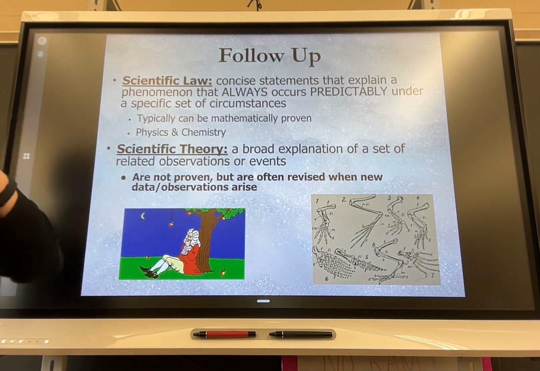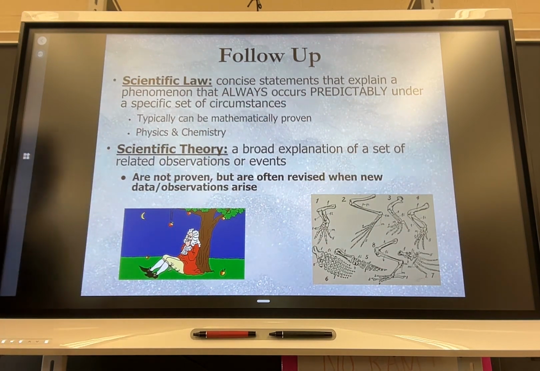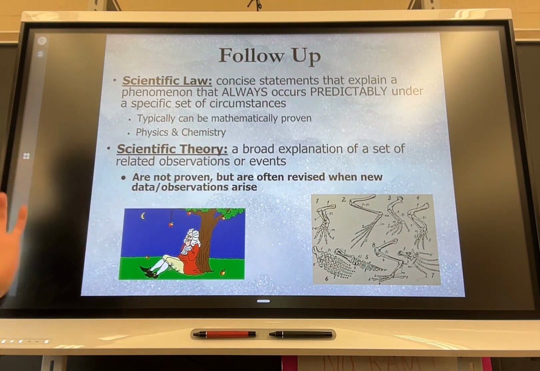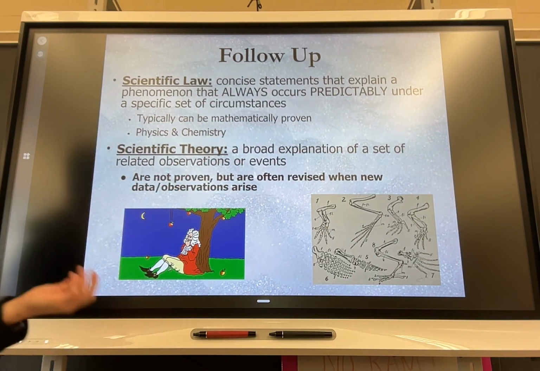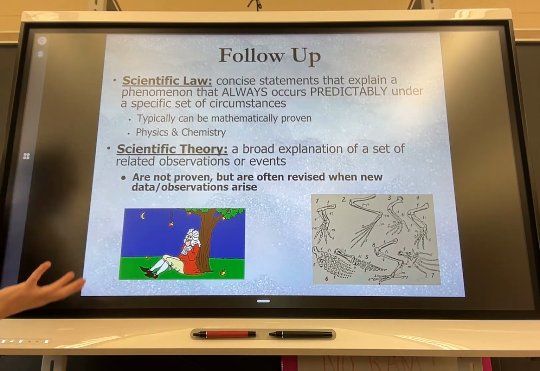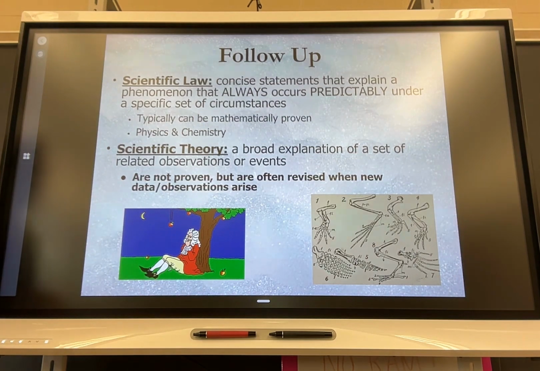That is a law. Theories, on the other hand, are broad explanations for observations or events, but they aren't 100% proven. There's still research, and there are always revisions that can help to improve these theories. So they are very important. We're going to see a lot of theories in biology.